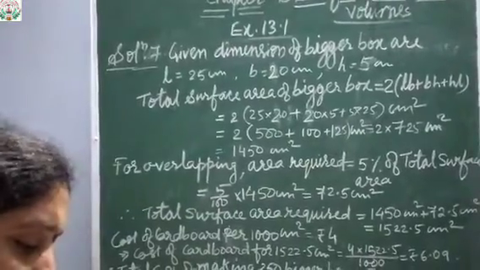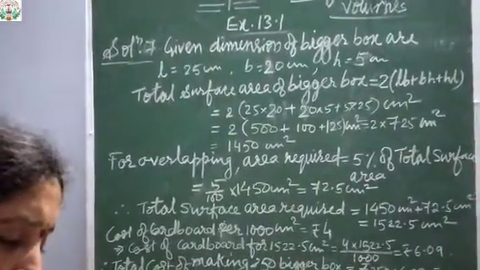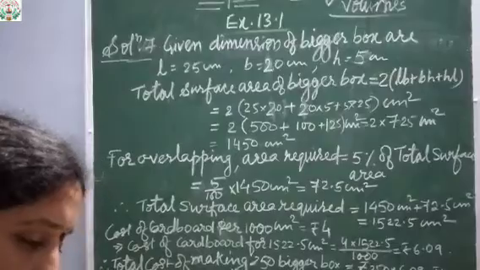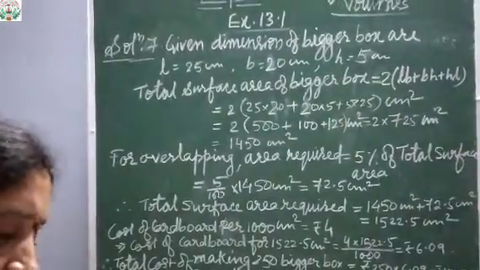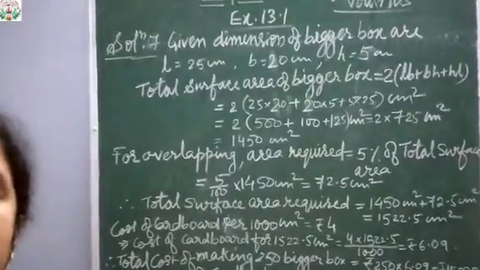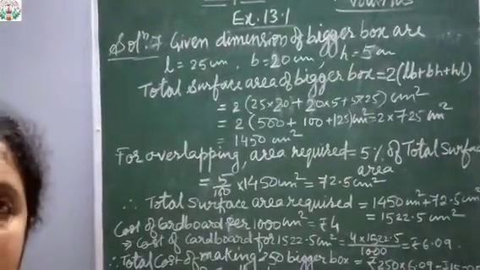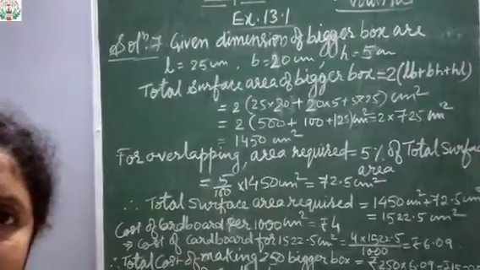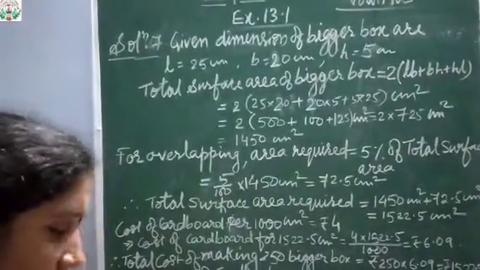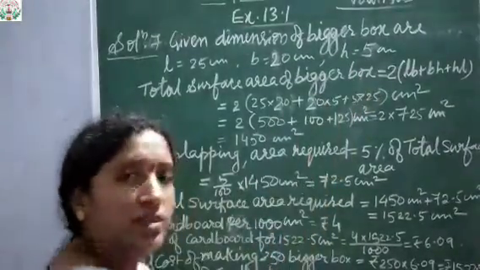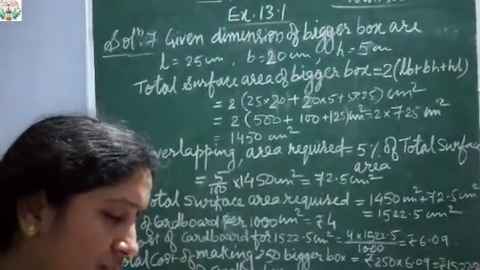Two sizes of boxes were required. The bigger dimension is 25 cm, 20 cm and 5 cm. The big box has length 25, breadth 20 and height 5 cm.